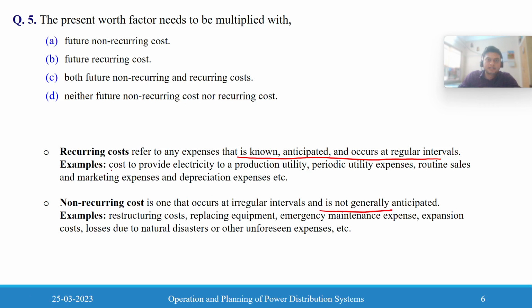Examples of recurring costs are the cost of providing electricity to the production utility, periodic utility expenses, routine sales and marketing expenses, and depreciation expenses. Examples of non-recurring costs are restructuring cost, replacing equipment, emergency maintenance expense, expansion costs, losses due to natural disaster, and other unforeseen expenses.